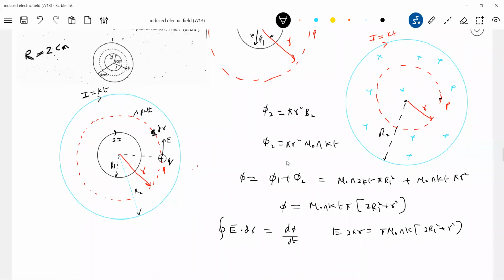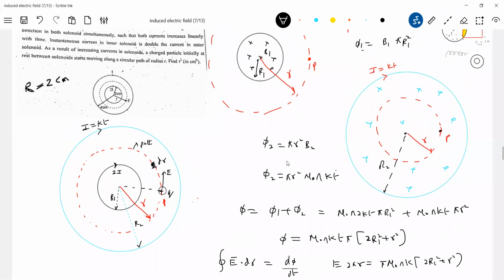So the expression for E will be mu naught n k by 2r into 2R1 square plus r square. This is the expression for E. Now the particle there will experience a tangential force. And let's come to the question.